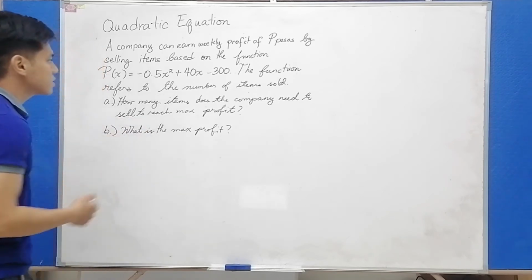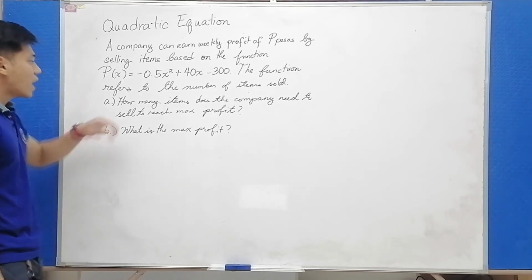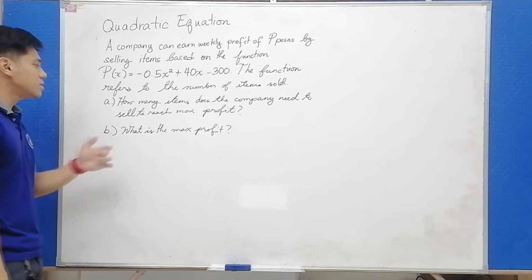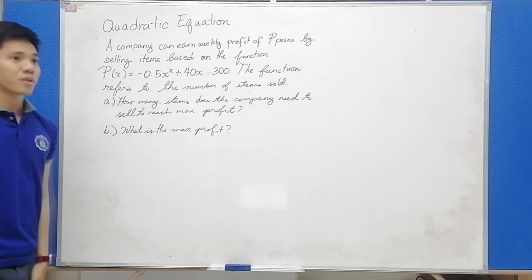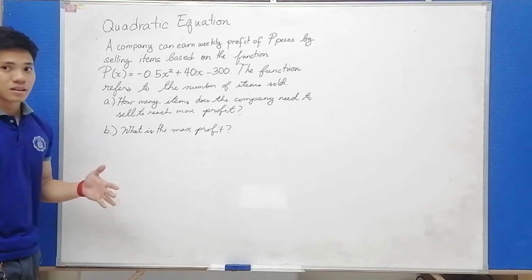The function refers to the number of items being sold. Our first question is, how many items does the company need to sell to reach its maximum profit? And then B, what is the maximum profit?